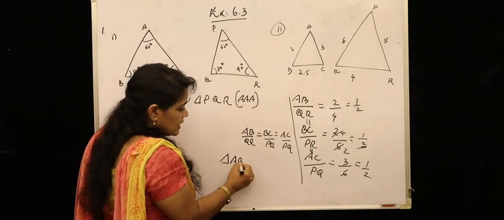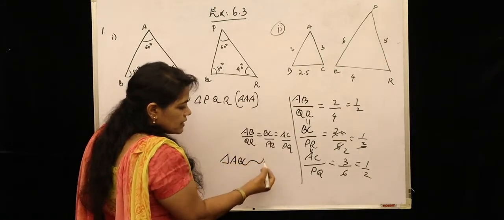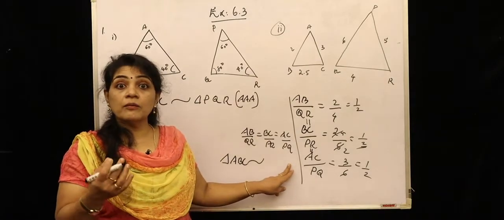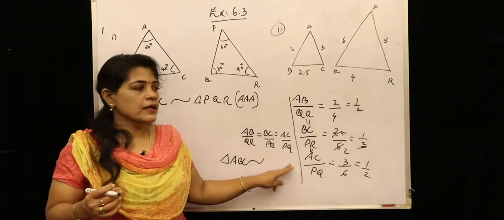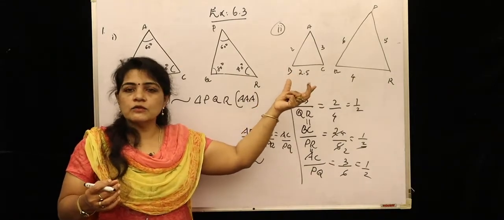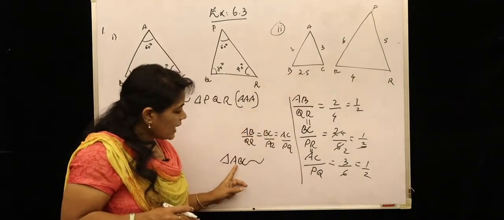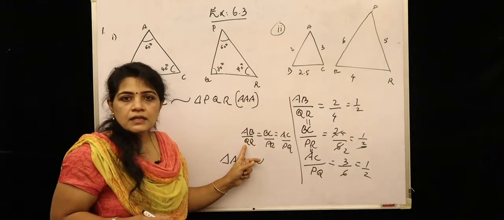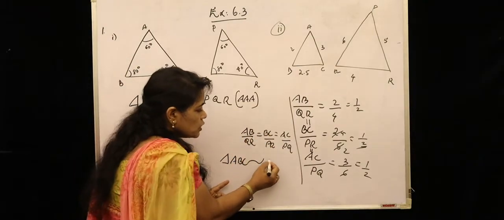In order to apply this symbol, the sides should come in the correct position. Here nothing is given in terms of angles, so AB by QR, isn't it? So I am writing this QR.